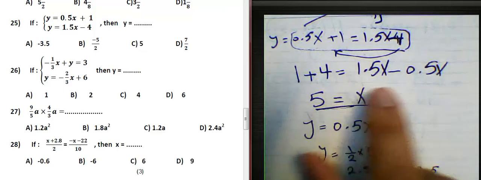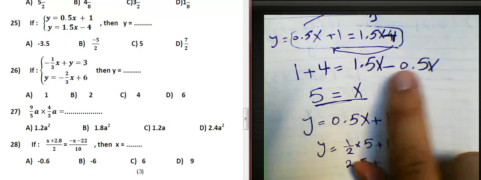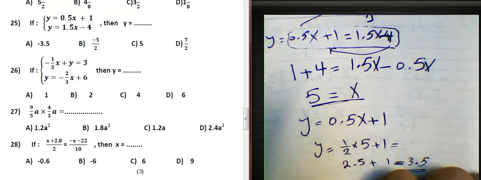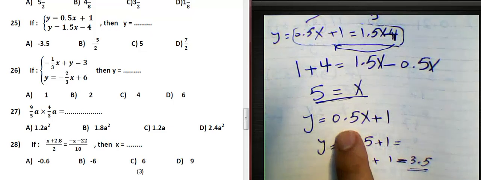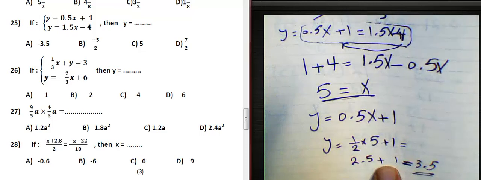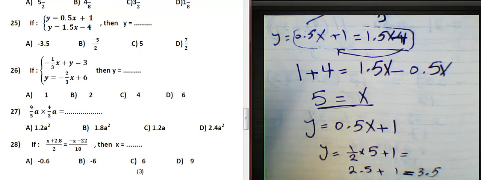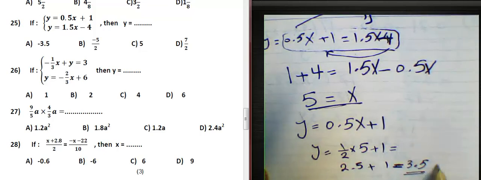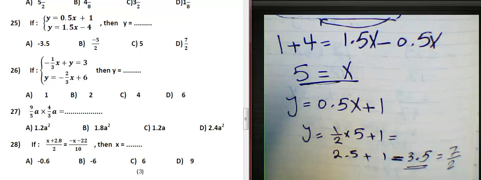It's true. 1.5x subtract 0.5x, cancel half x from it, x will be 5, and write 5 here. Half of x equals 2.5 plus 1 equals 3.5. The result will be 3.5. Say letter D, 7 over 2. The result will be 7 over 2. We must choose letter D.